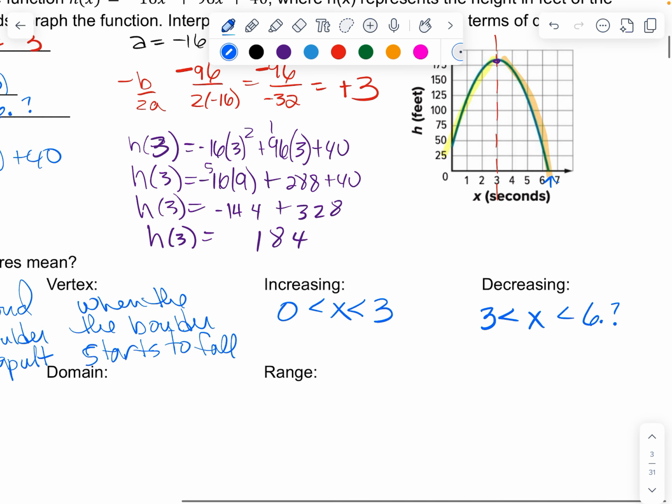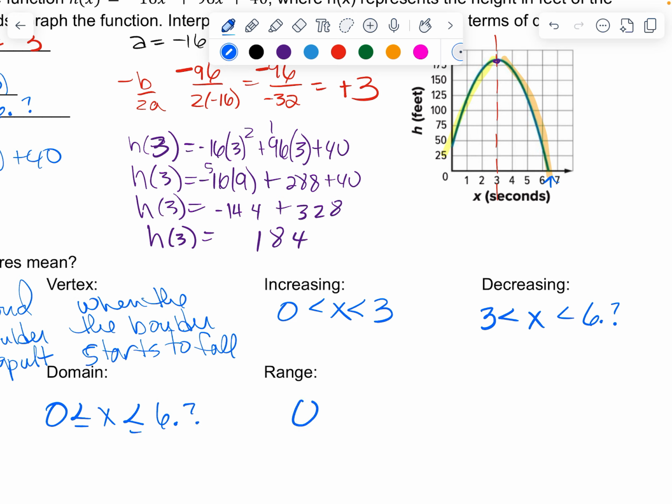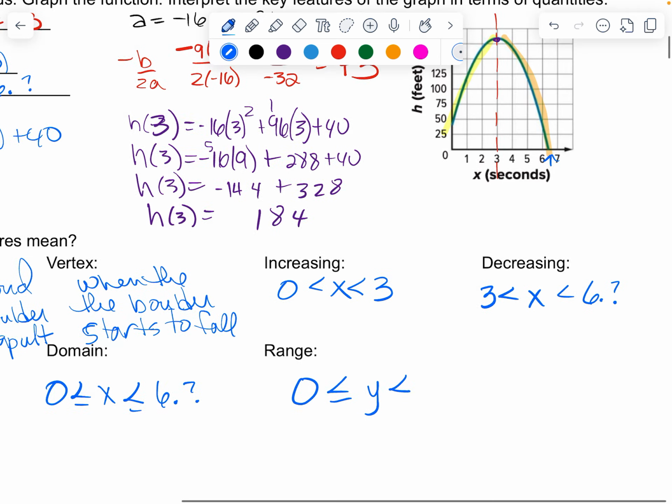The domain, guys, from where to where? It can go from 0 and it ends at 6 point something. The range, the lowest it can be is 0. The highest it got was, what was the vertex? 184 feet.